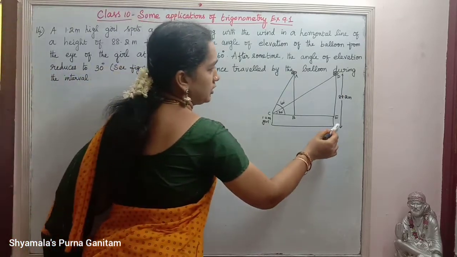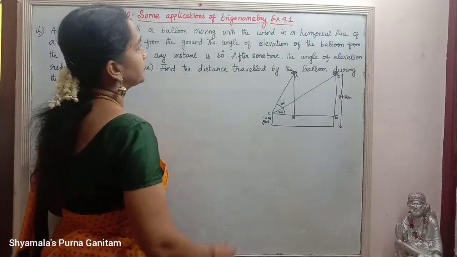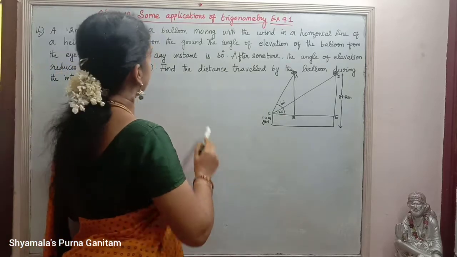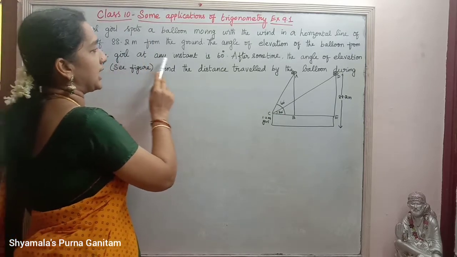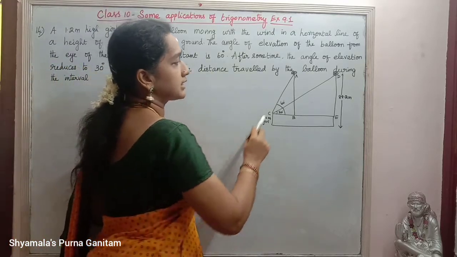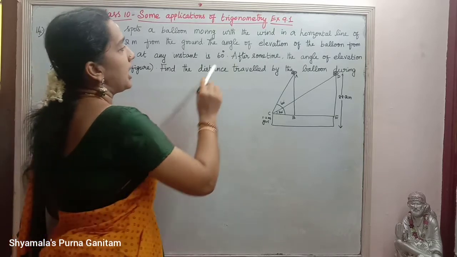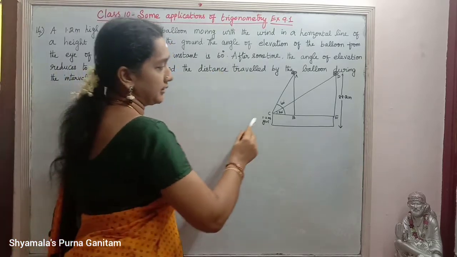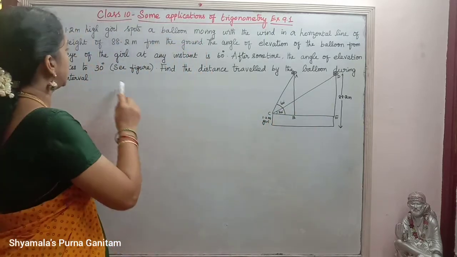The angle of elevation of the balloon from the eye of the girl at any instant is 60 degree. After some time, the angle of elevation reduces to 30 degree.